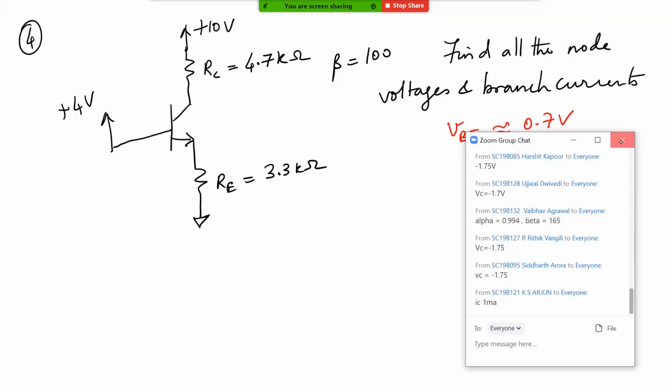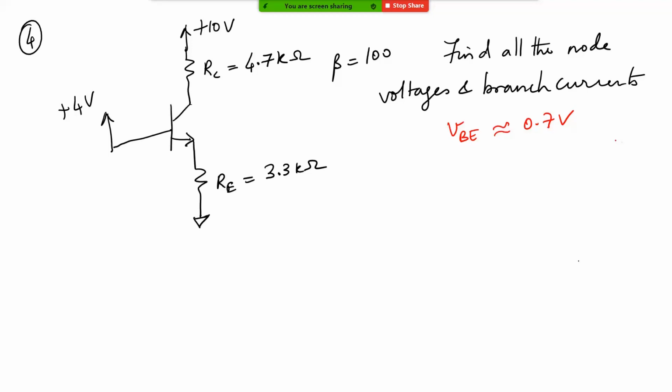Okay, IC is 1 milliamp. The IC is not 1 milliamp. Sir, IE is 1 milliamp. Correct, IE is 1 milliamp. Correct. That's right.